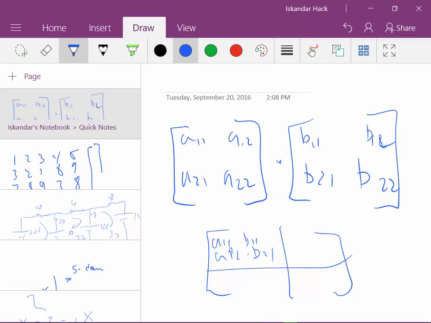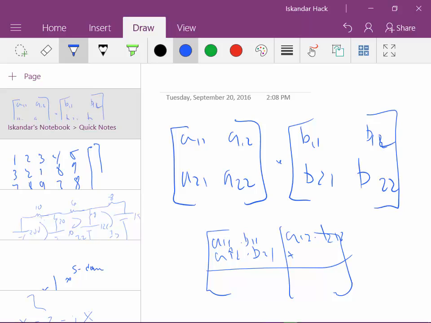This one here is the second column times the first row. A12 times B12 plus A22, excuse me, now I'm drawing that there.